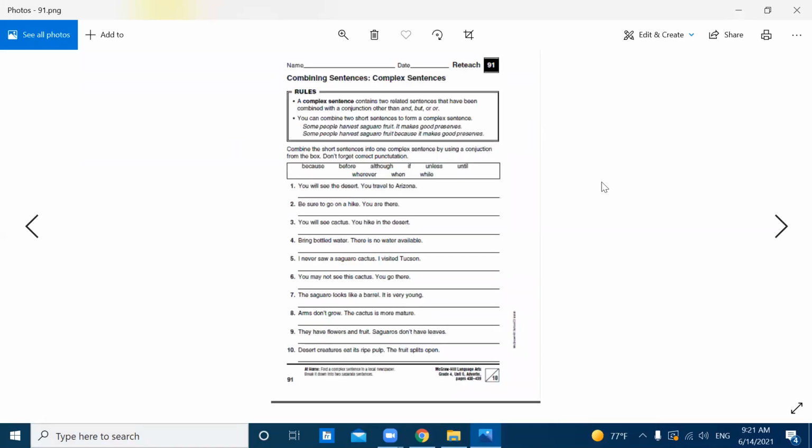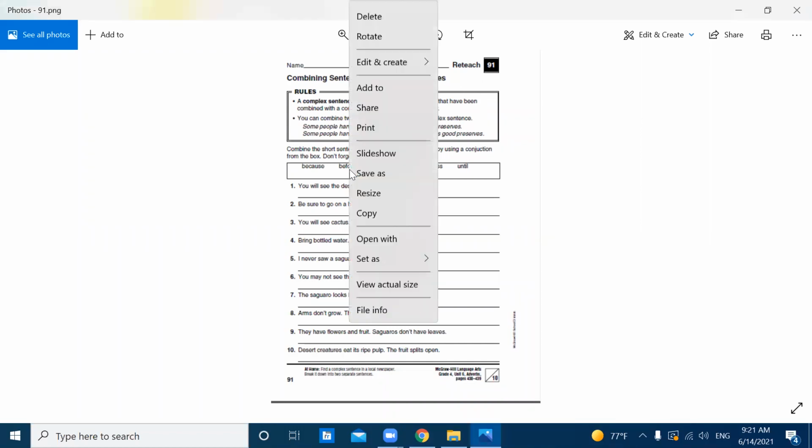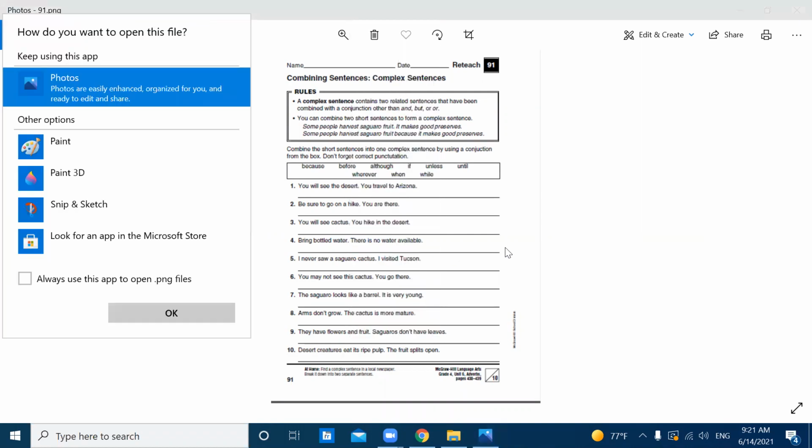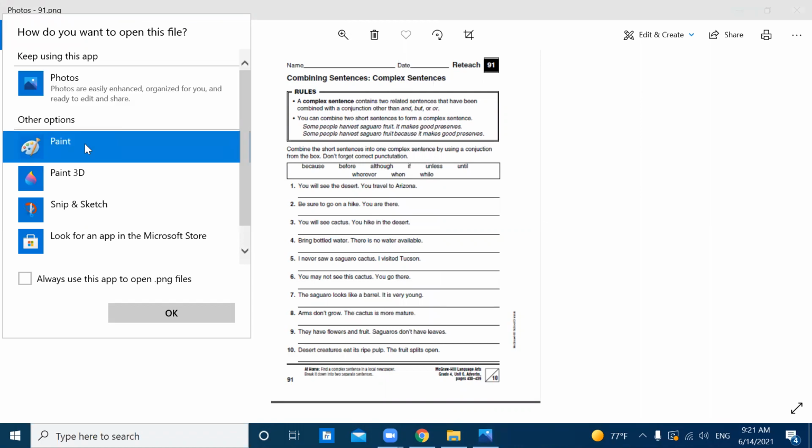Yes, combining sentences, complex sentences. All right. Read number 1 for us, please. Malik, what's your question? Miss, you skipped 2 pages. I did. And I did not write those 2 pages on our list today.